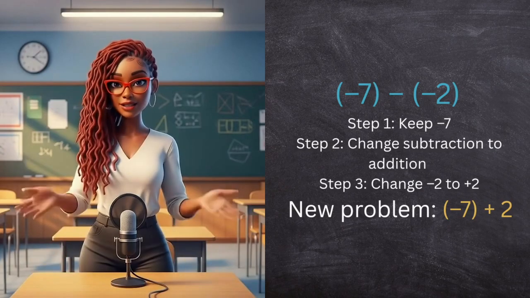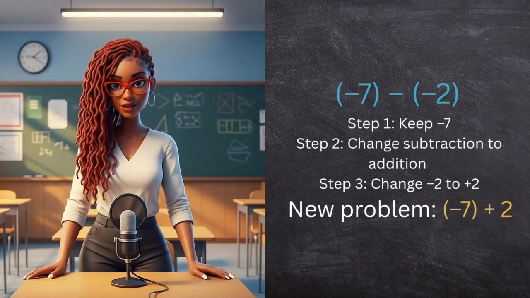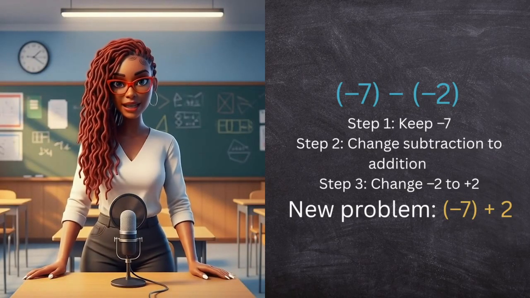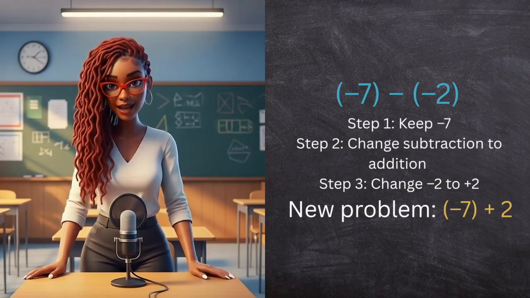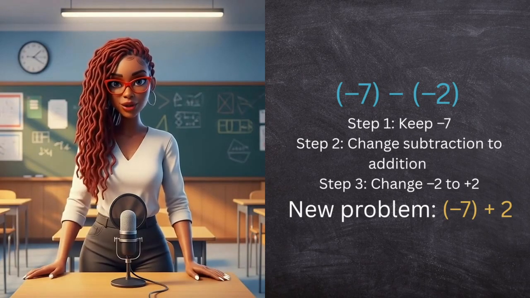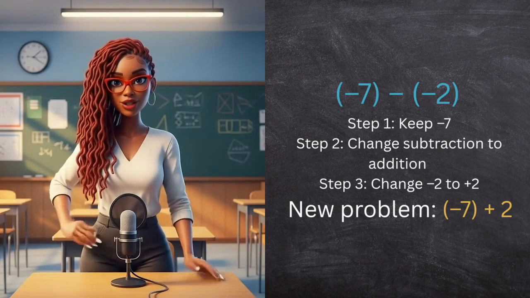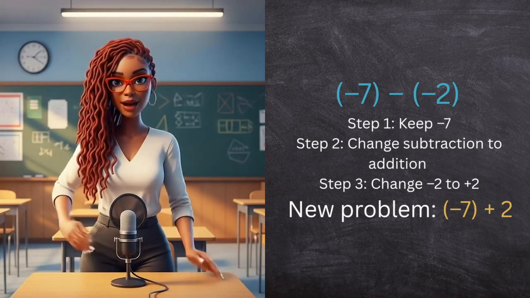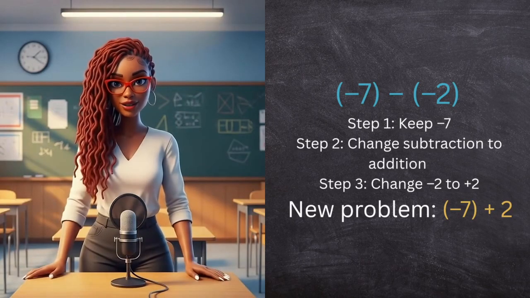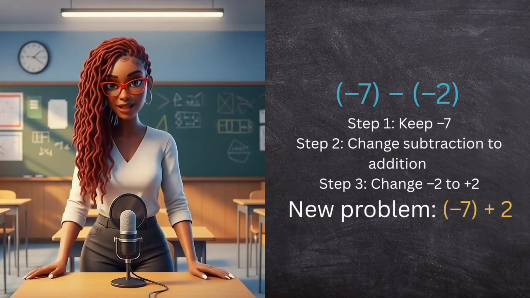Let's do another example. What if you have -7 minus a -2? Step 1, keep. Keep the -7. Step 2, change subtraction to addition. Step 3, change the -2 to a +2.